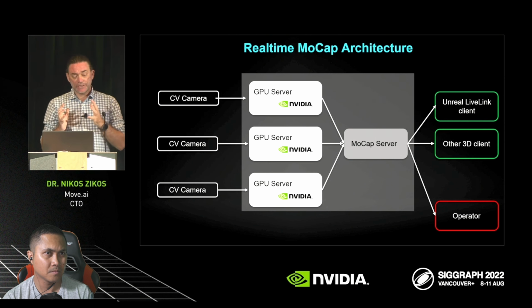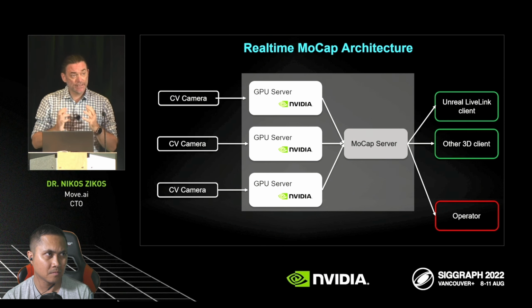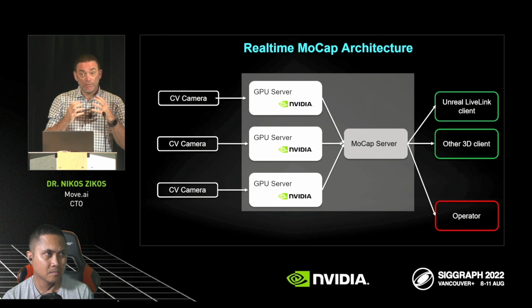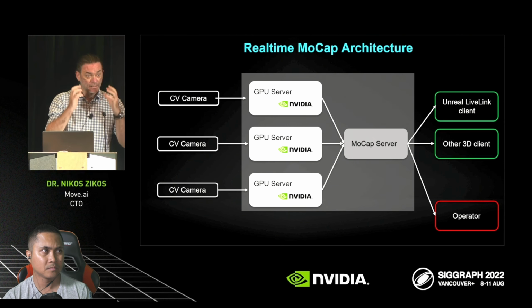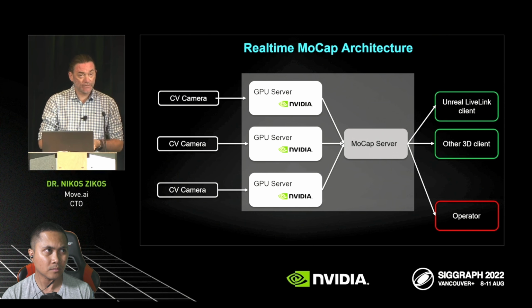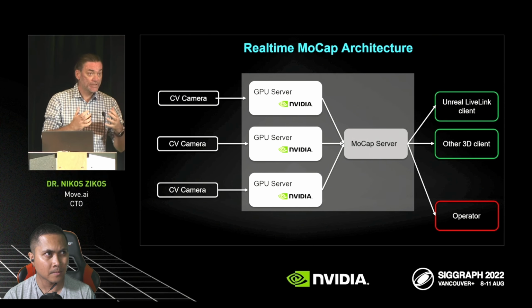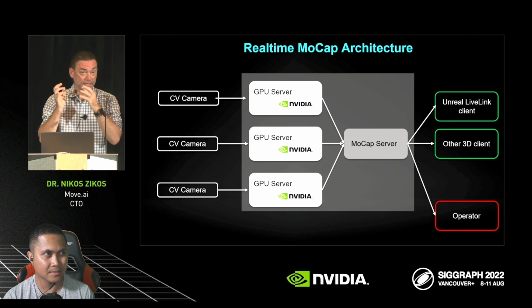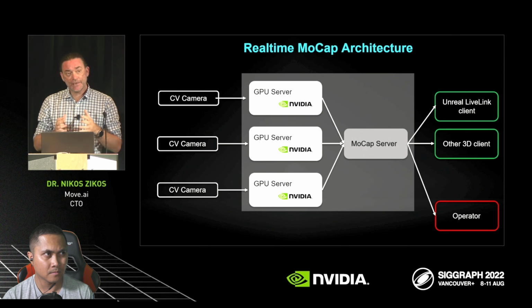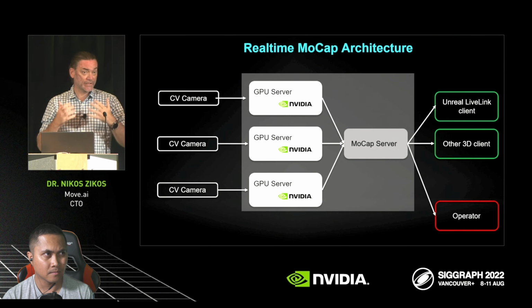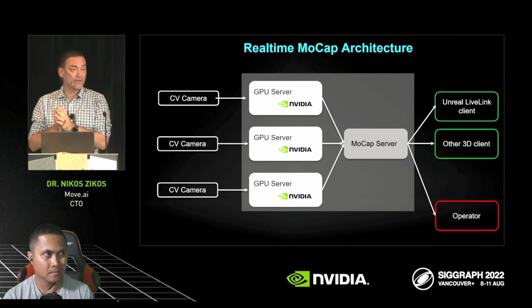We wanted to create a modular system. So we use dedicated NVIDIA GPU servers, and we do the number crunching on those servers, and each server can serve one or maybe two cameras. Then the digested results go to the mocap server, and there we do the final animation.